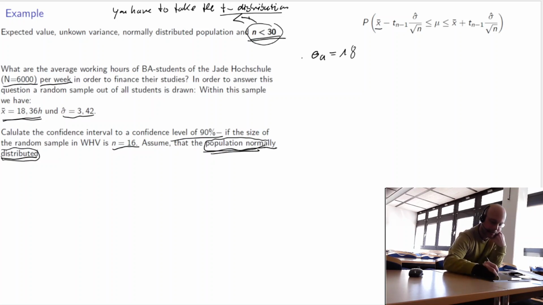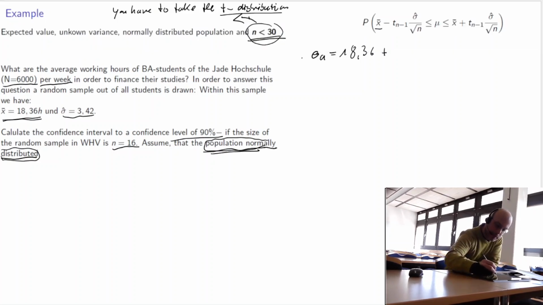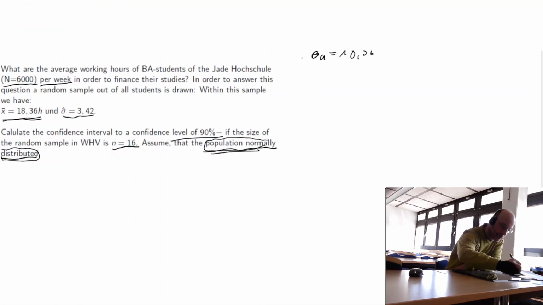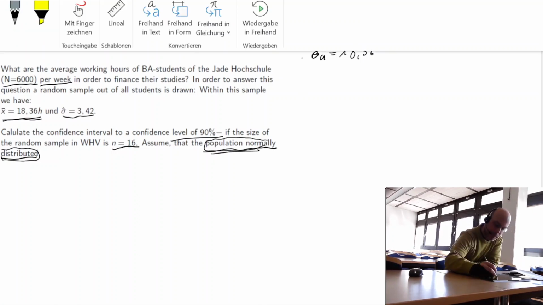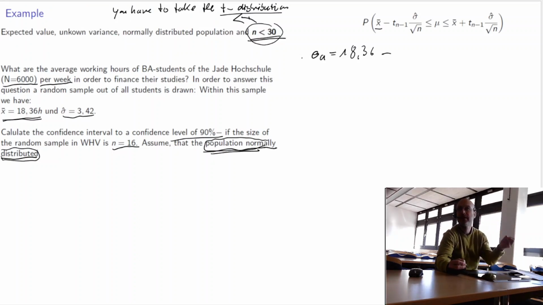So 18.36 plus minus the number from the t distribution. This we have to look up from our table or from your software package.